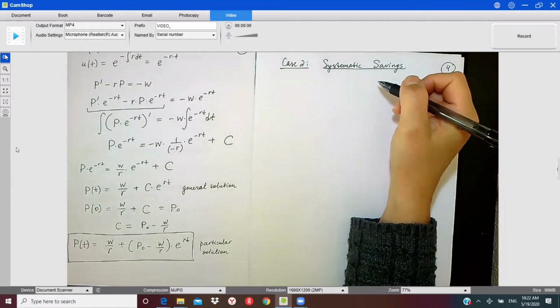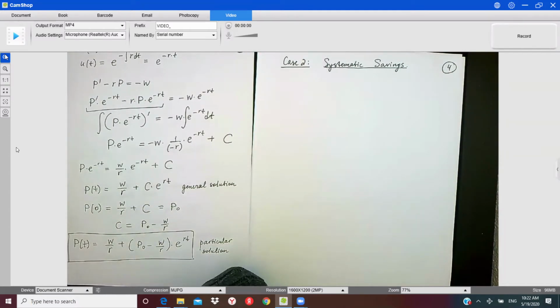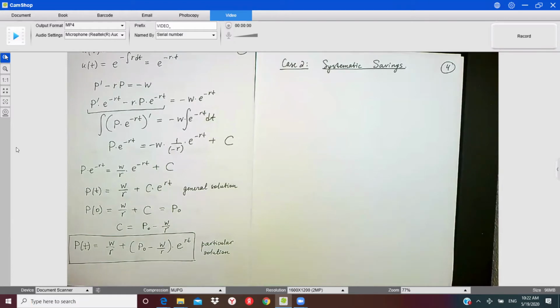All right, so let's suppose that this time we decide to save 2,000 each year. Assuming that you have no savings to begin with and that your savings will earn 5% per year compounded continuously, how much will you accumulate after 30 years?